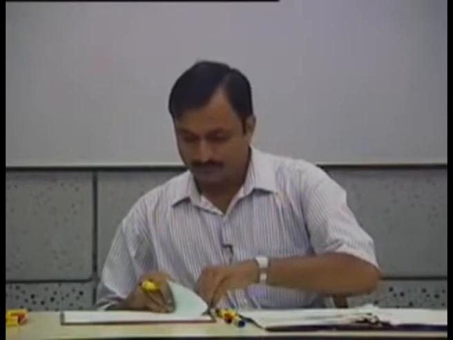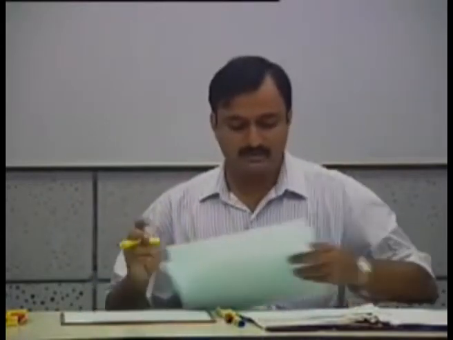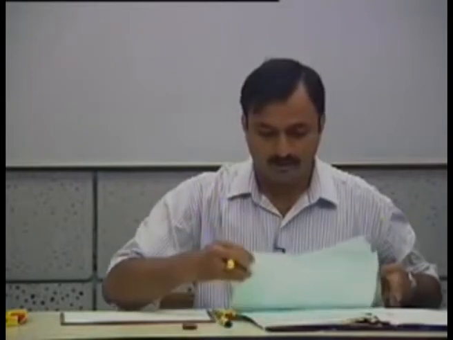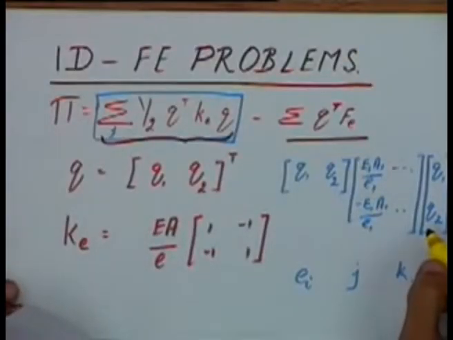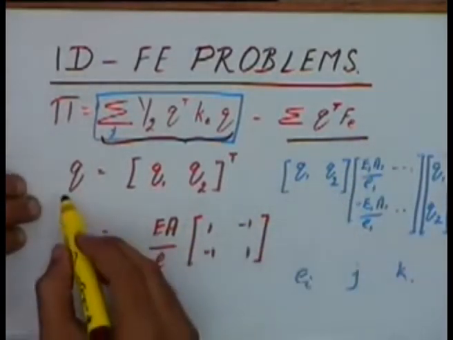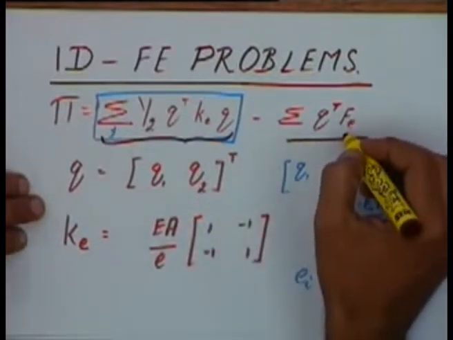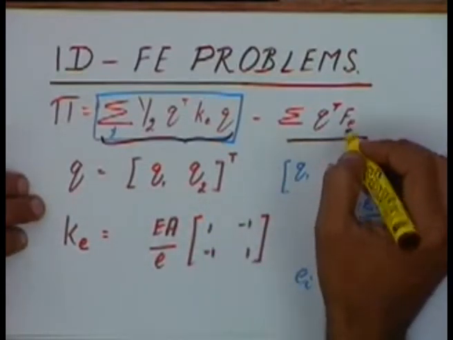Now, the potential energy term consisted of another expression, which is q transpose into Fe. What we will do is, just like we have defined a global deformation matrix, we will define another term which is a global force matrix.